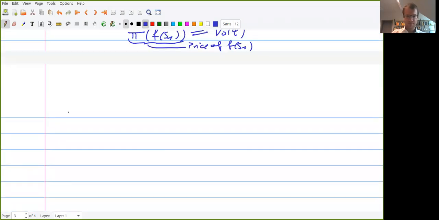Okay, so let me put this into a corollary for later reference. Corollary 3.8.